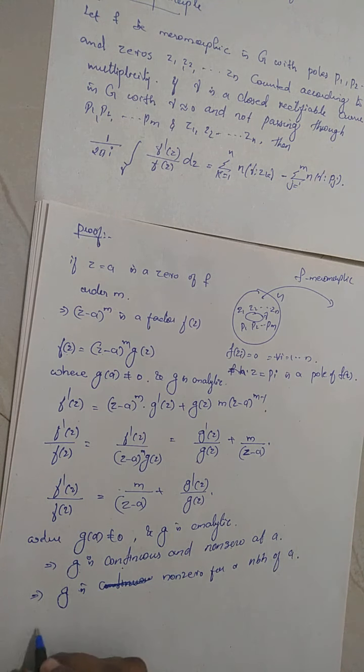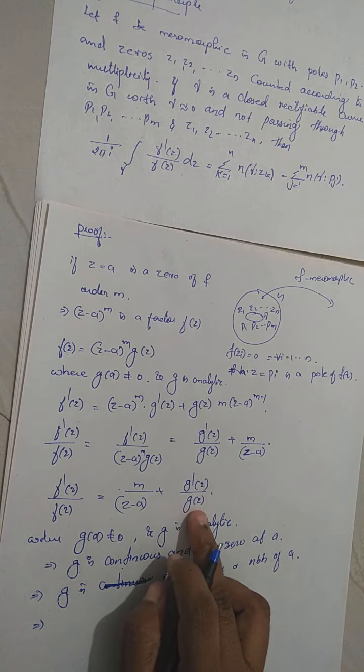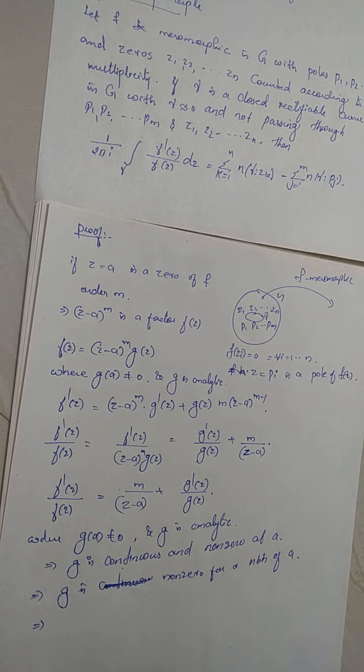Okay, so since g is non-zero for a neighborhood of a, g dash z divided by g z is analytic in some neighborhood of a, because the denominator is non-zero for the points near a.